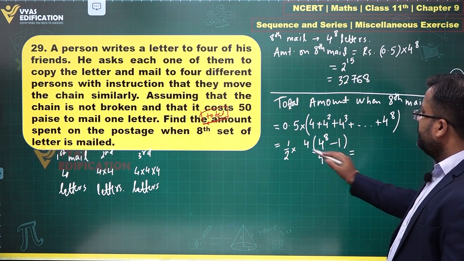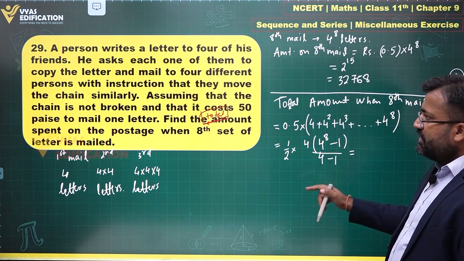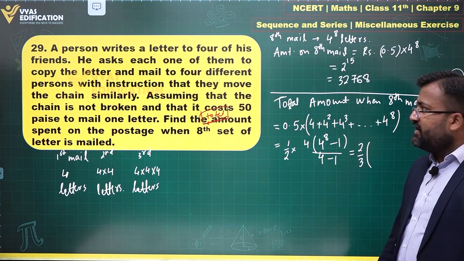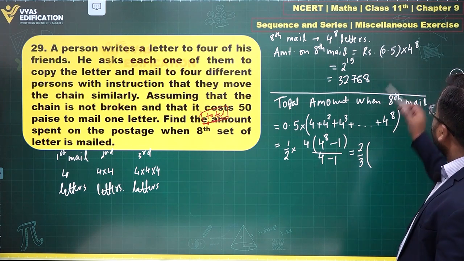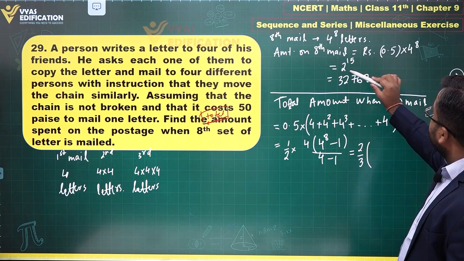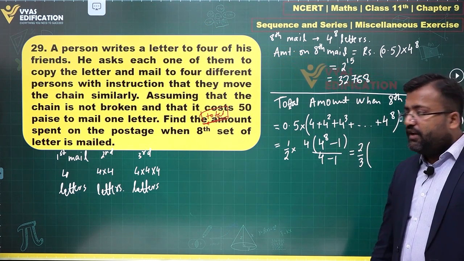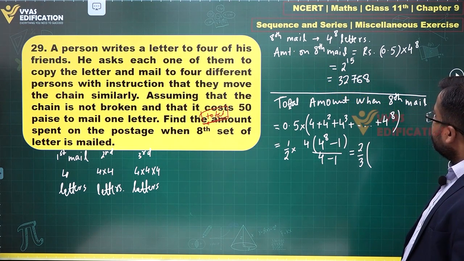What is that? It's 4, 2 into 3 is 6, so this becomes 2 upon 3, and in the bracket we have 4 power 8 minus 1. 4 power 8 is 2 power 16, which will be double of 2 power 15.